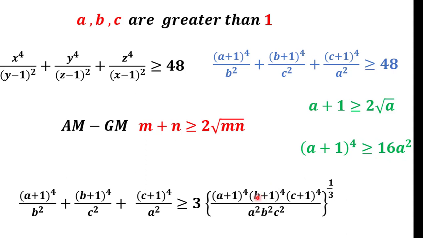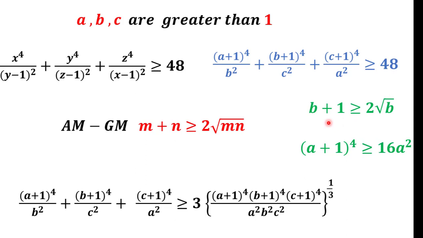Also, we have (b plus 1) to the power 4. Now we put m equals b and n equals 1. So the AM-GM inequality for b and 1 becomes b plus 1 is greater than or equal to 2 times radical b.